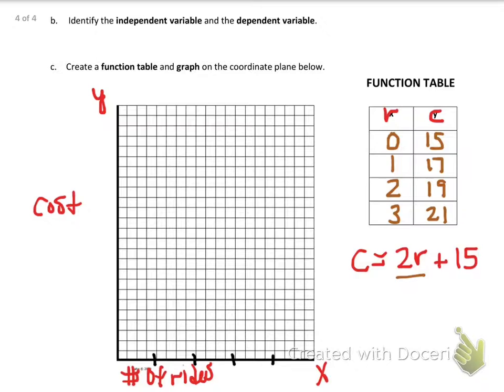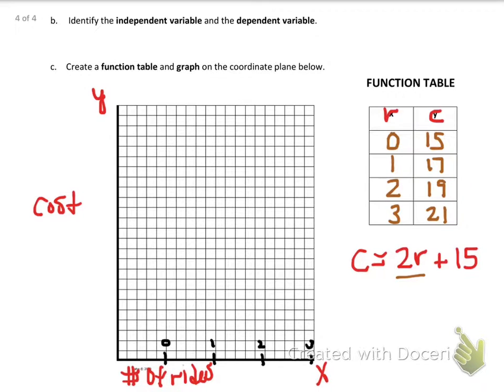That fits okay. Maybe I could go 5. I do want to split it out as far as I can. So I've got 0, 1, 2, and 3. I'll just put it here so you can see them because I don't have room down there. 0, 1, 2, and 3. That's the number of rides.